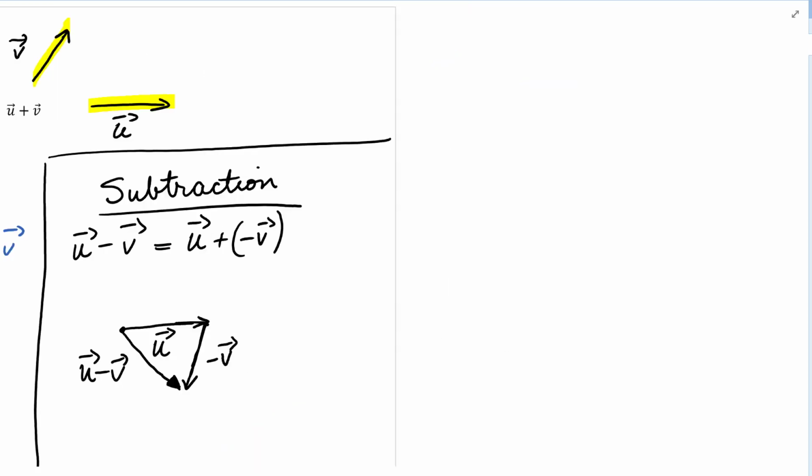Another way we can subtract is we draw U and we draw V, both starting at the same point.